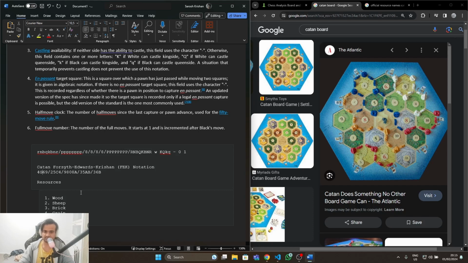It's 4 grain. 4 grain. 6 wood. 9 grain. 2, that's brick, right? Brick. 5 wood. C, which is 12, sheep. And 4 sheep. And then we have the 9 sheep and the 8 brick and the desert.